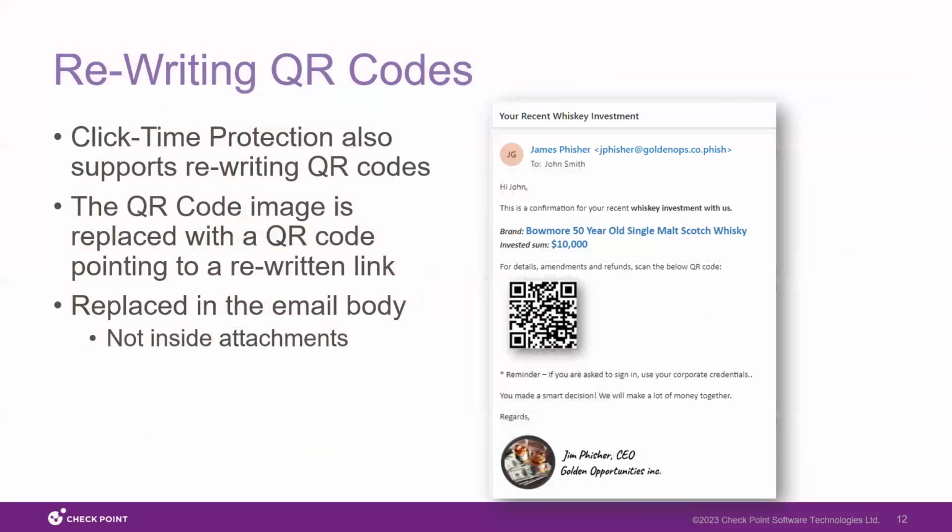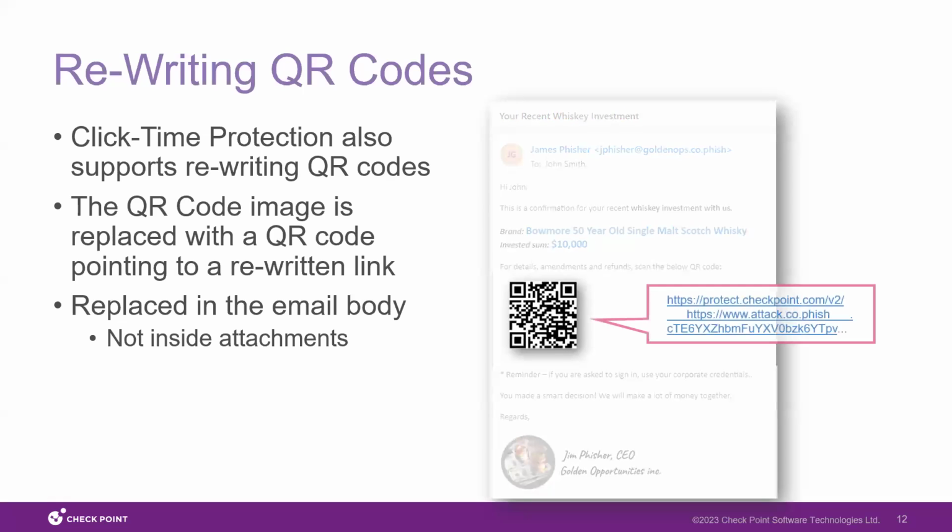So let's talk about our most recent thing as far as QR code protection, and that is the actual rewriting of the QR code itself. Not only can we rewrite the link that the QR code is representing, we can rewrite the QR code. Here you can see that this QR code is now pointing to our rewritten URL.